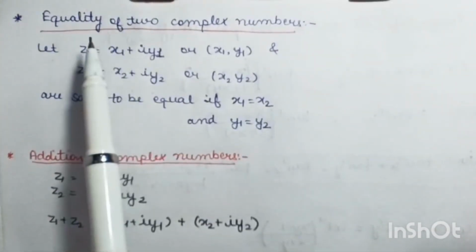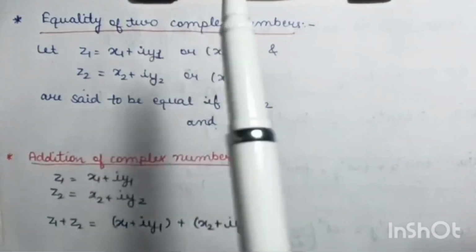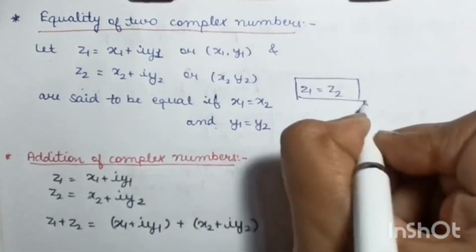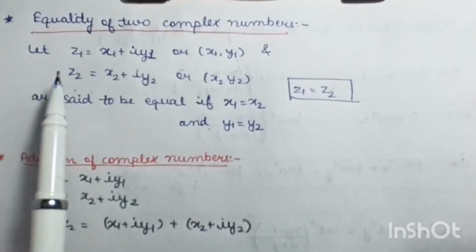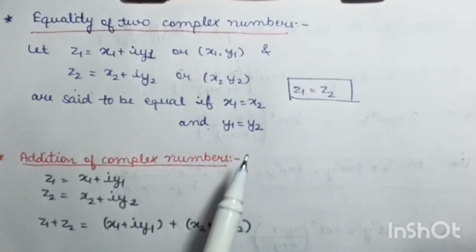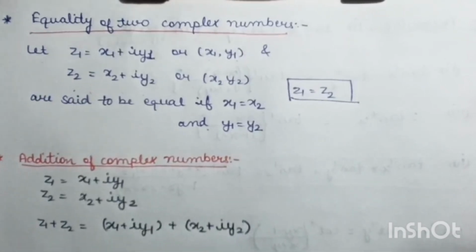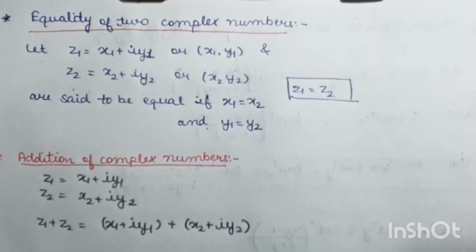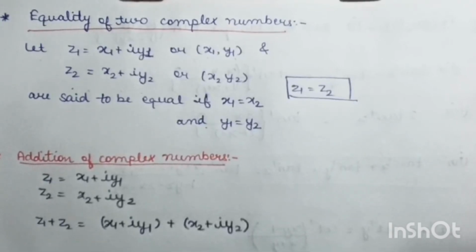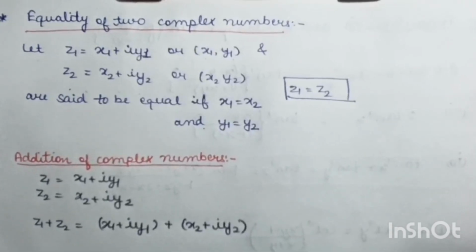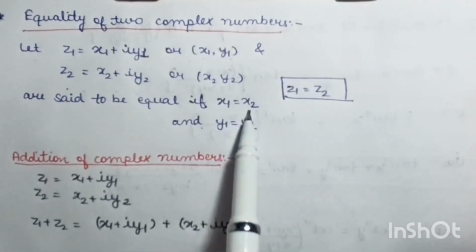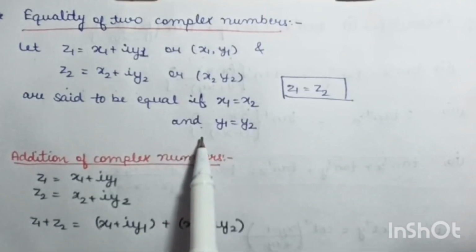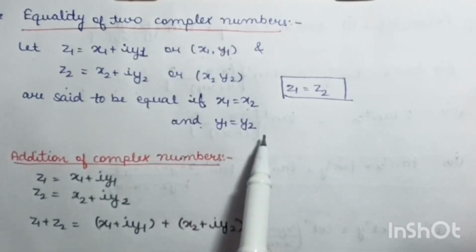Then z1 equals z2 if x1 equals x2 and y1 equals y2. So two complex numbers are equal if and only if the real part of one equals the real part of the other, and the imaginary part of one equals the imaginary part of the other.